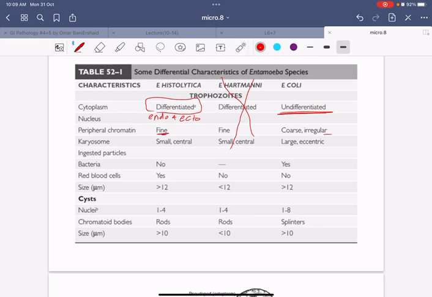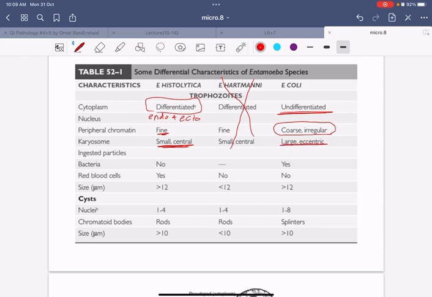Another difference. Now, karyosomes in the nucleus. In histolytica the karyosome is small and central. While in coli, large and eccentric, toward the periphery. Another difference.